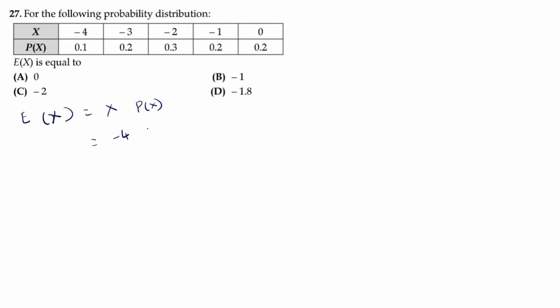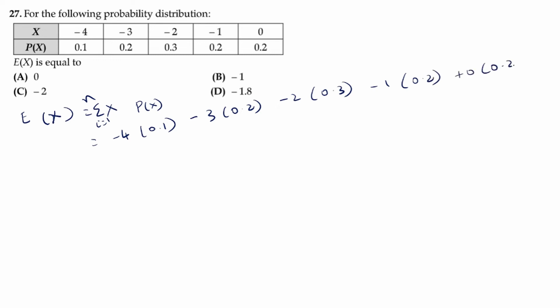So it is minus 4 into 0.1 plus minus 3 into 0.2 plus minus 2 into 0.3 plus minus 1 into 0.2 plus 0 into 0.2. So this is minus 0.4 minus 0.6 minus 0.6 minus 0.2. So this is minus 1.8. So this is expectation of x.